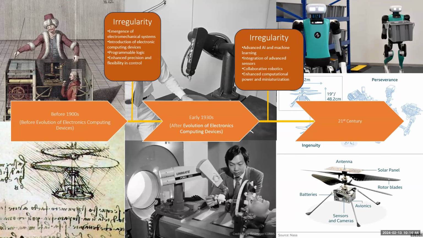In the mid 20th century, due to the evolution of electronics and computing, we started to rely on a lot of electronic-based systems such as electromechanical systems, programmable logic controllers, etc. And in this 21st century, we now focus on AI, sensor technology, sensor calibration, and we are working so hard on computational power and miniaturization.